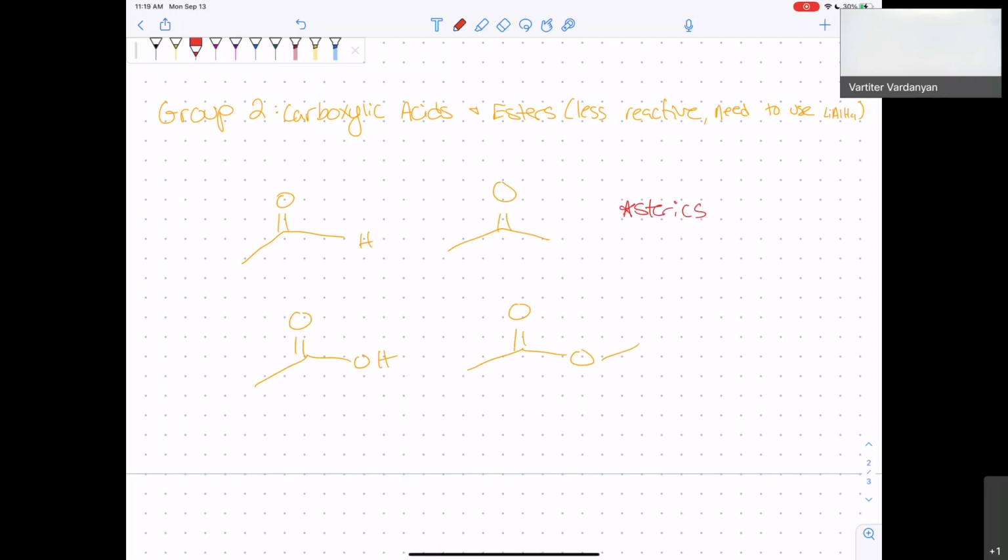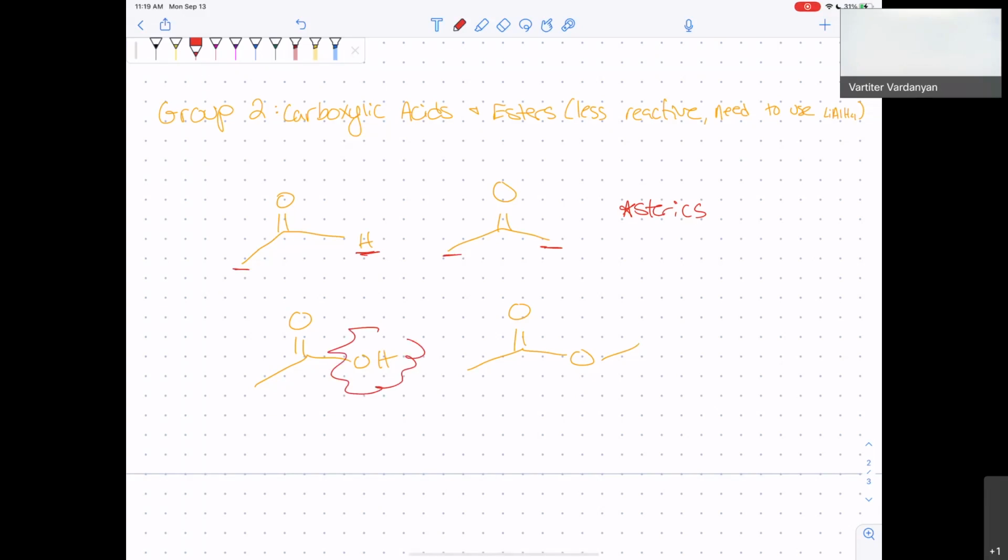So when we say more reactive, we're talking about a reaction where something attacks the carbonyl carbon. So we want the least steric hindrance. So an aldehyde just has a hydrogen and a methyl. Ketone just has two methyls or whatever carbon.